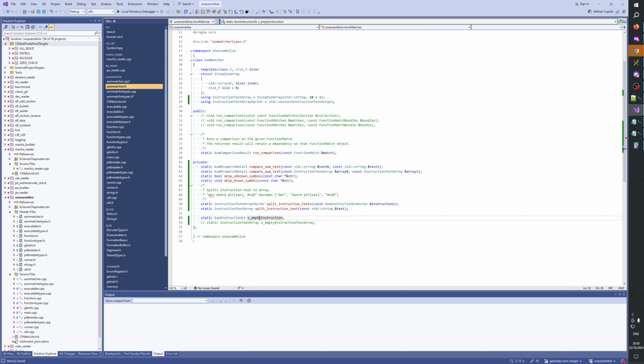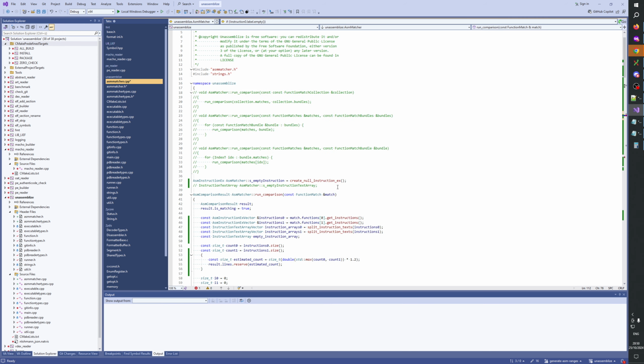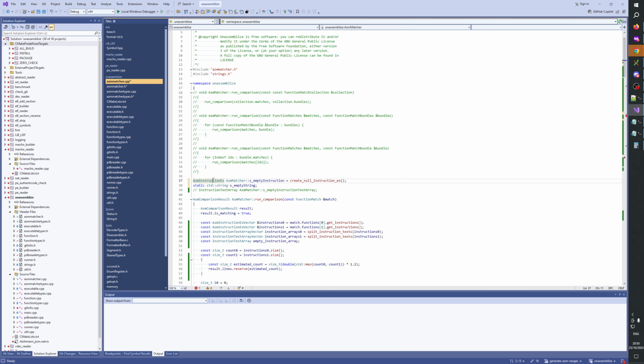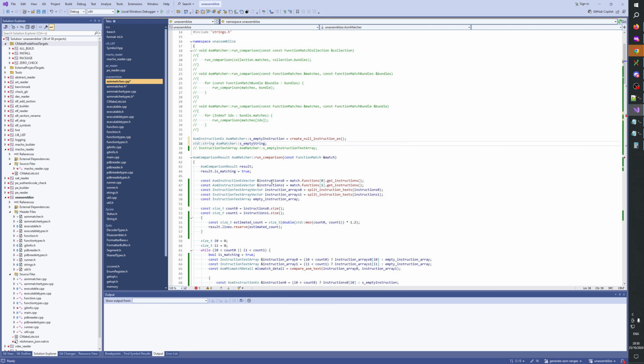We need an empty label or empty string, std string, empty string. Oh boy. Here's a match, empty string.